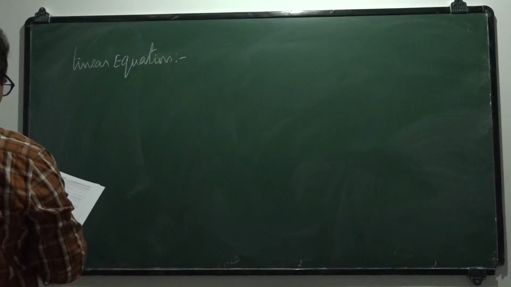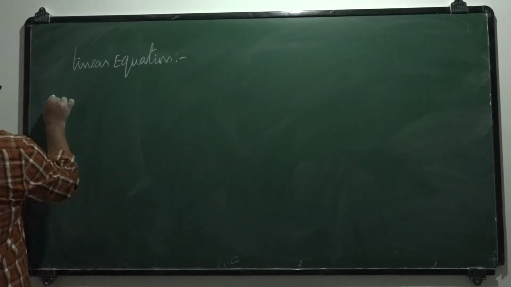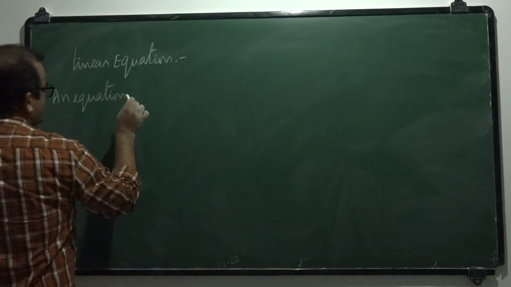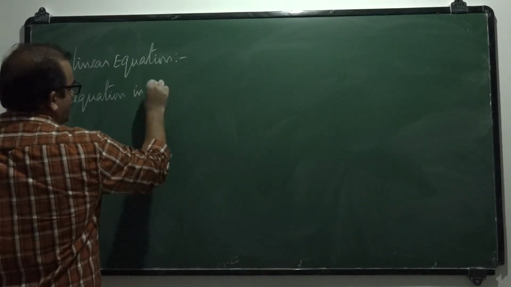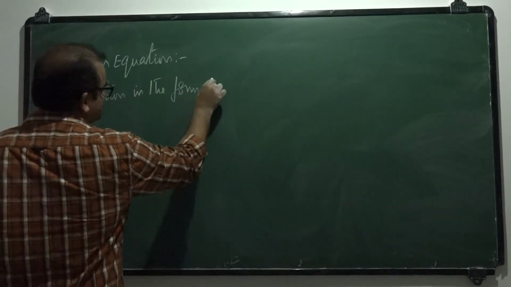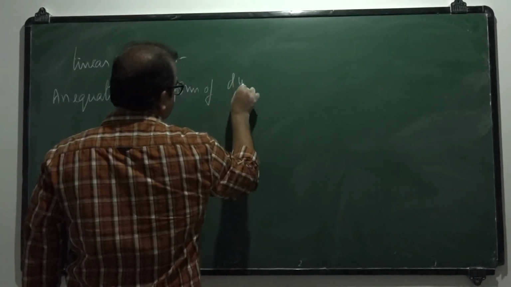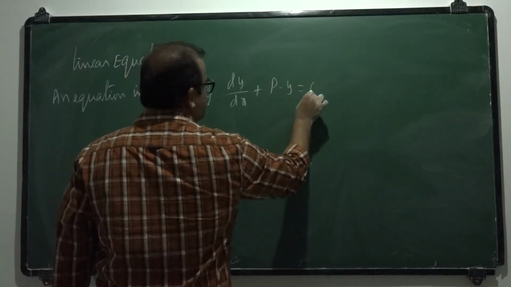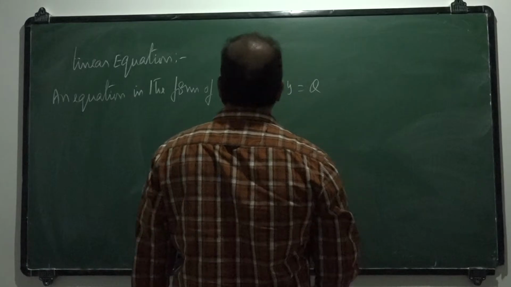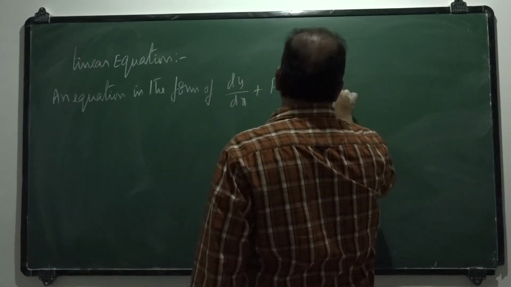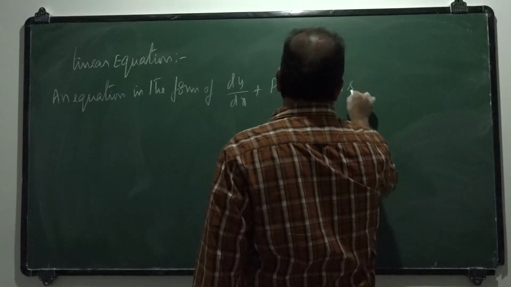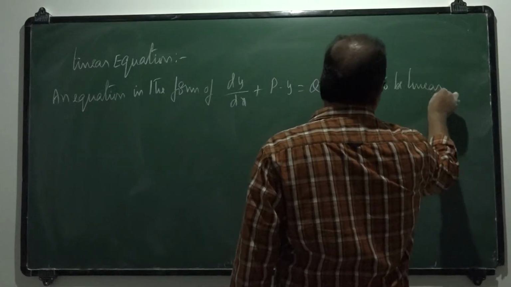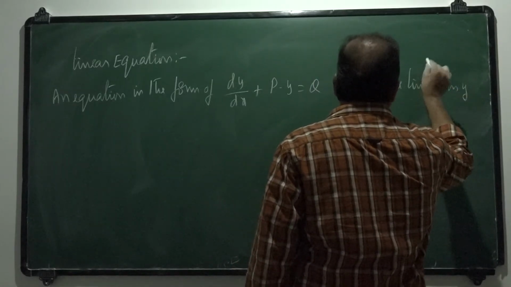An equation in the form of dy by dx plus p into y is equal to q is said to be a linear equation in terms of y.